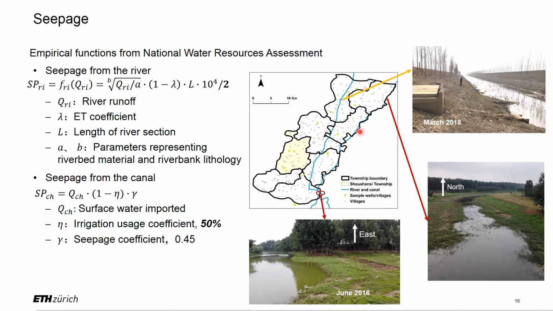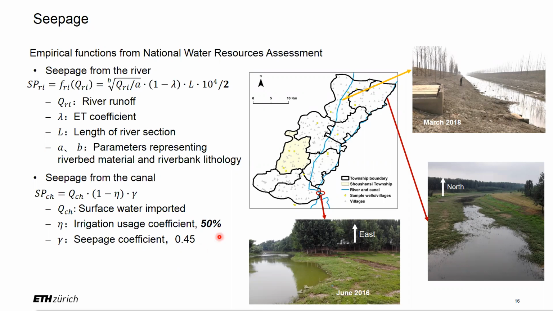There is also seepage from the canal in the middle of the county that is used to transport imported water to the whole county. You can see the picture here of the canal. We also use an empirical function from the National Water Resources Assessment. It is a function of the total water imported, and the parameters needed are the water use coefficient and seepage coefficient.